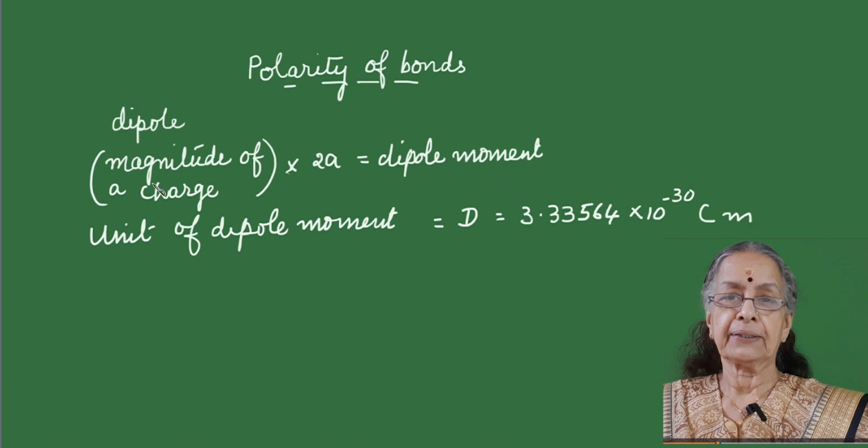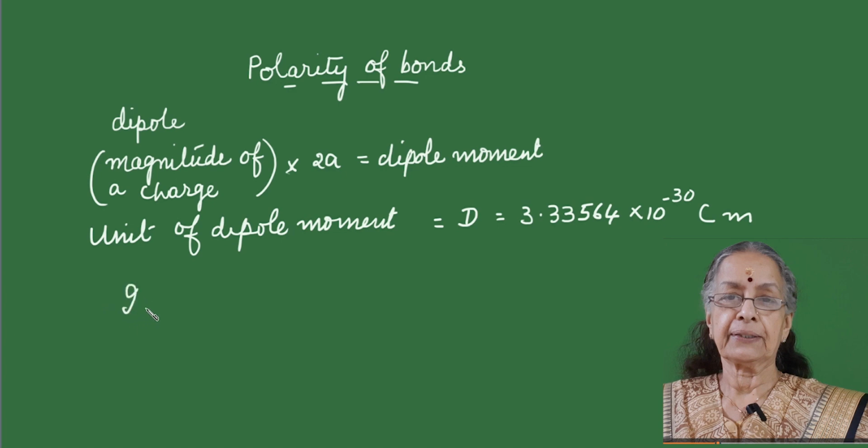Dipole moment is magnitude of charge into distance. For magnitude of charge, the unit is coulomb, and for the distance, the unit is meter. So, debye is given in coulomb meter. The symbol for dipole moment is mu.